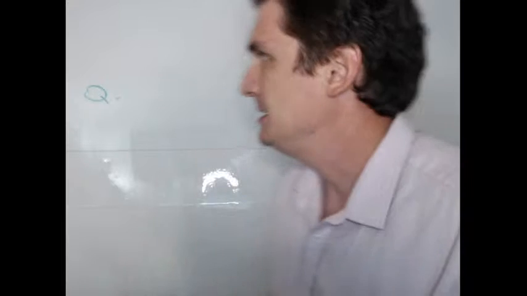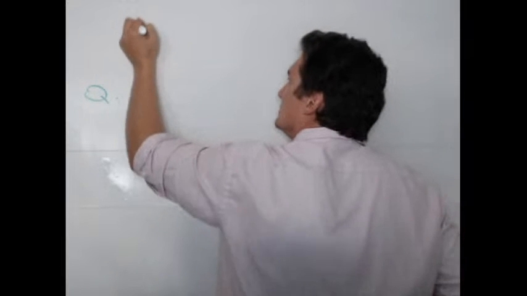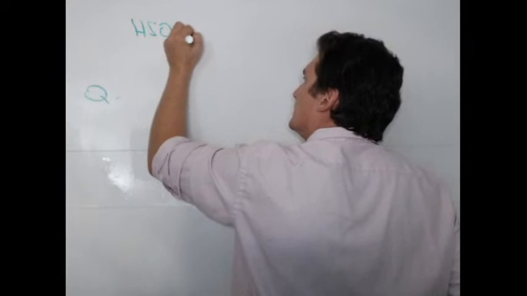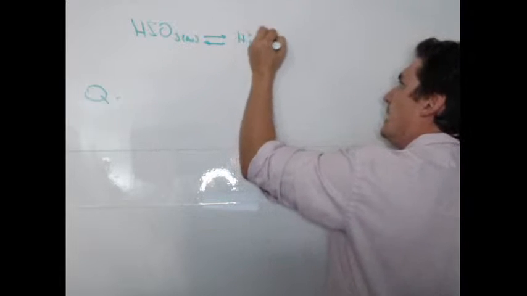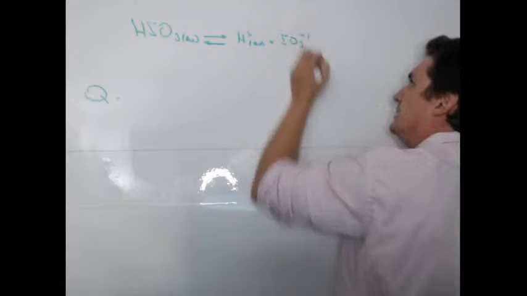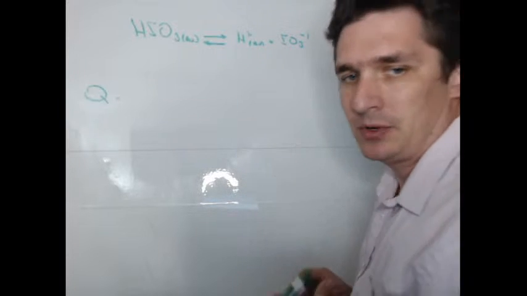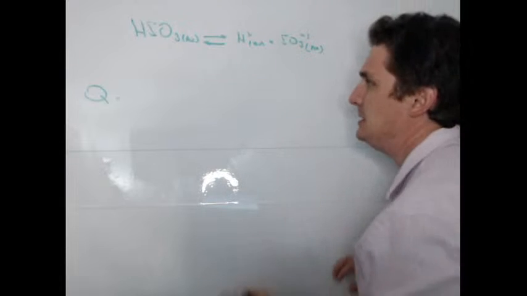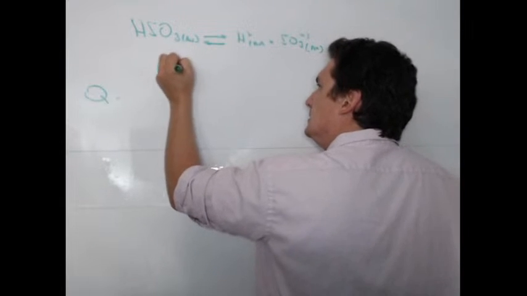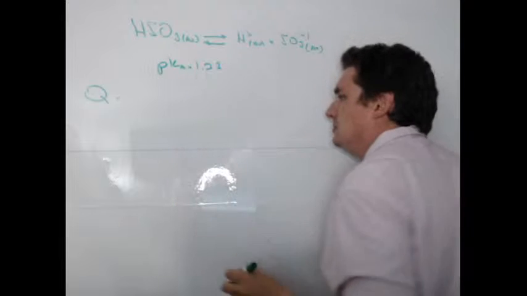we've got our acid HIO3. It's going to do what acids do. It's going to give up a hydrogen, give us H plus and IO3 minus, iodate. And we're given a 0.15 molar solution, so we're asked to find the pH. And here we got the pKa is 1.23.